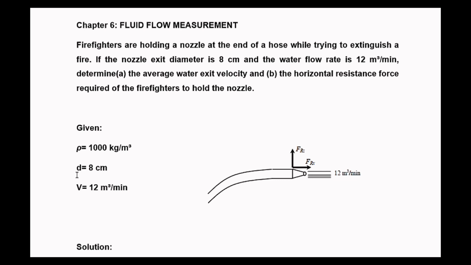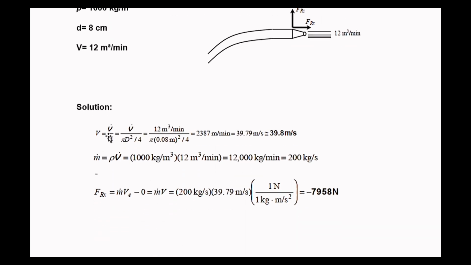The average outlet velocity and the mass flow rate of water are determined from velocity is equal to volume flow rate over the area, such that volume flow rate over pi d squared over 4. By plugging in the given values, we have volume flow rate of 12 cubic meter per minute and pi, the diameter of 0.08 meter or 8 centimeter.